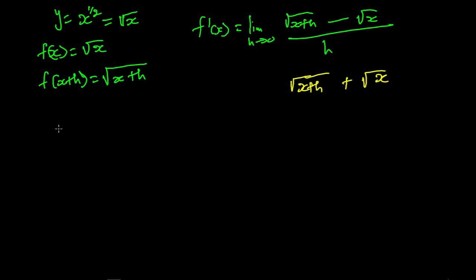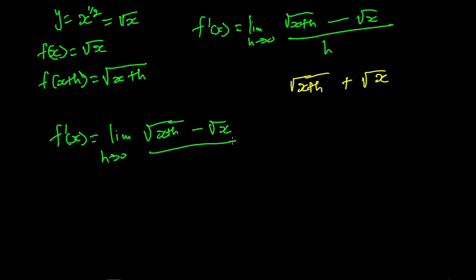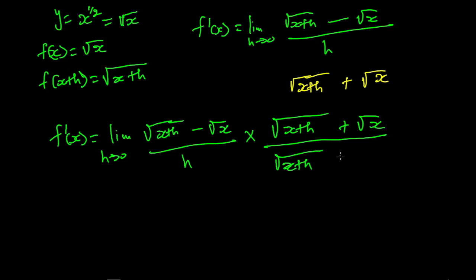So our f prime of x is equal to the limit as h approaches 0 of the square root of x plus h minus the square root of x all over h, multiplied by the square root of x plus h plus the square root of x all over the square root of x plus h plus the square root of x.